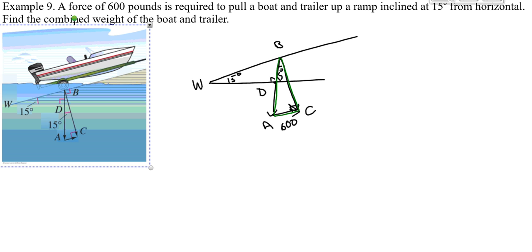Do you agree it's a right triangle? The angle that's there is 15 degrees, and we know the opposite side is 600. We want the side that is BA, which is just the weight pushing straight down.